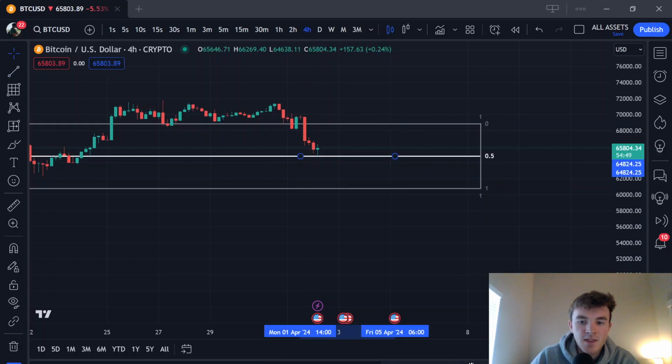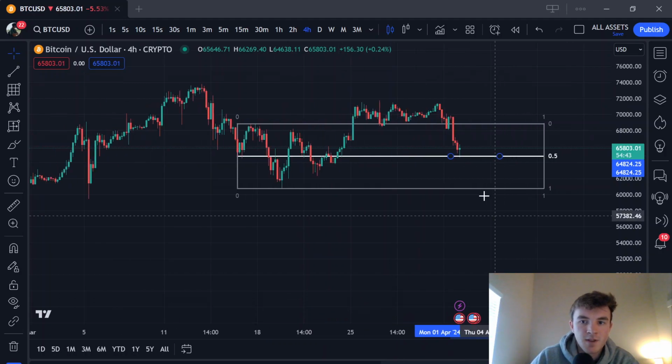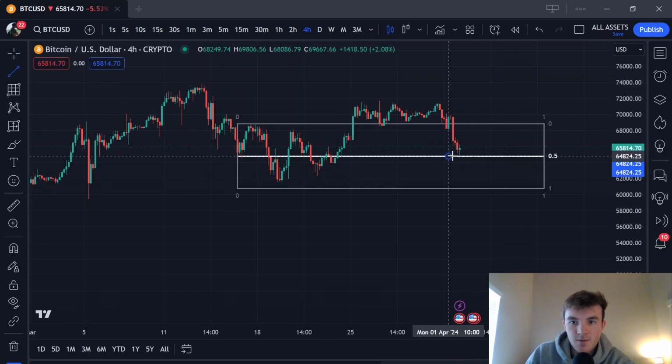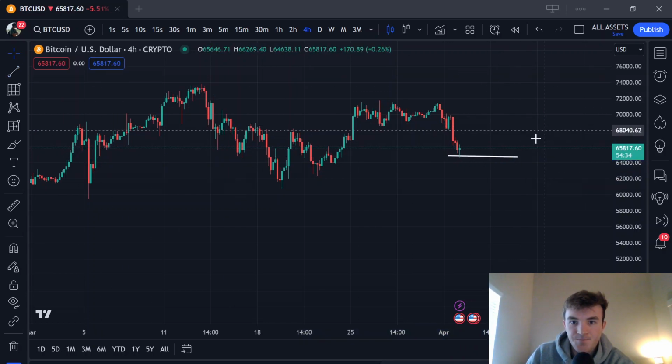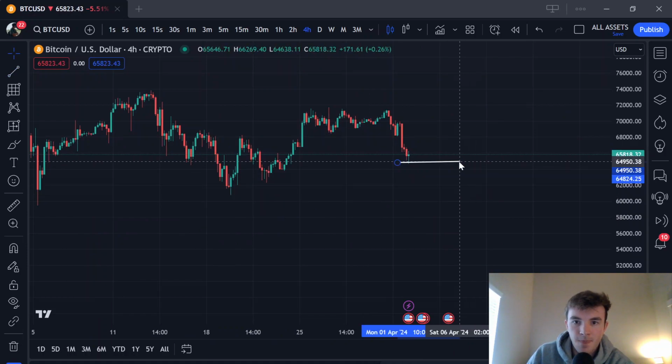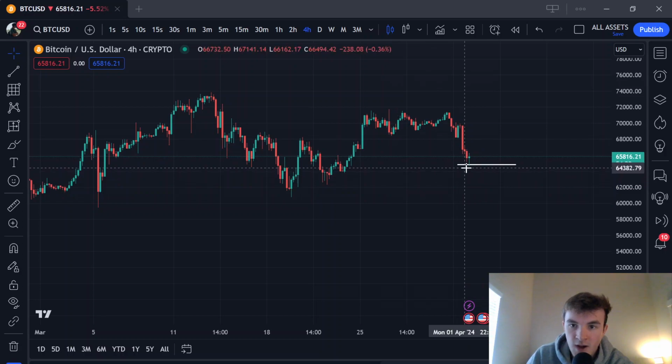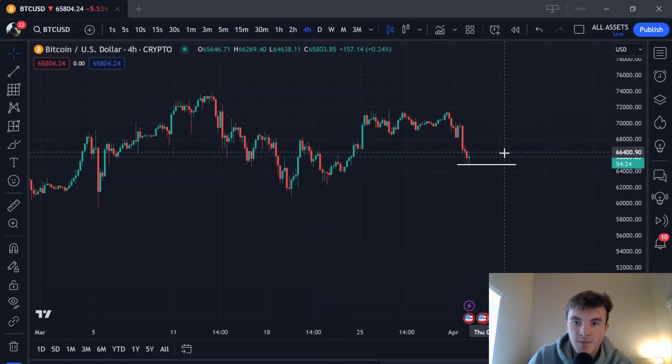nothing unless price can start to balance on this and build a base and then react off of it. Let me draw that line. So, can price build a base here? You do not buy right at these midpoints. You must wait, see if it builds a base and reacts.